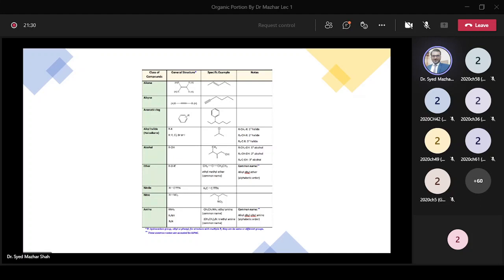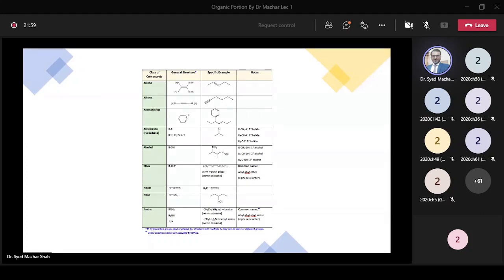Alkyl halides, as we discussed, have a carbon-halogen bond, which is a single bond, and fluorine, chlorine, bromine, or iodine can be part of that molecule. In the last column you will see they have written 1 degree, 2 degree, or 3 degree, or we can say primary, secondary, and tertiary halides.